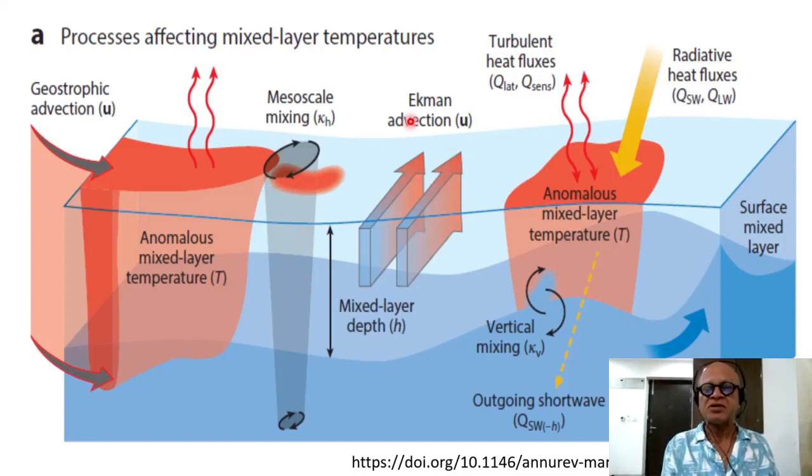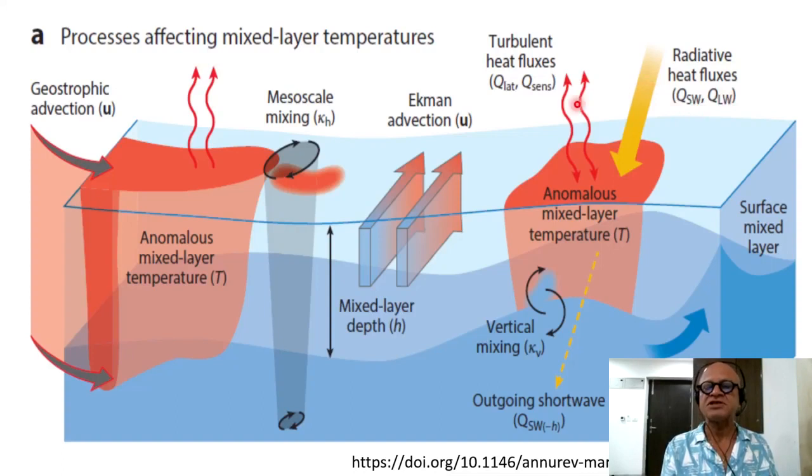You can have Ekman advection, which is wind driven currents, and of course you can have turbulent flux anomalies at the surface. So you have radiative heat fluxes like shortwave and longwave, which are typically the largest components.